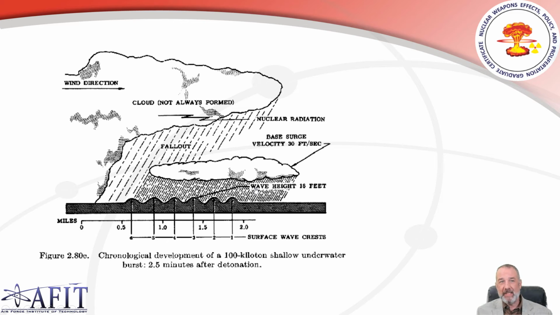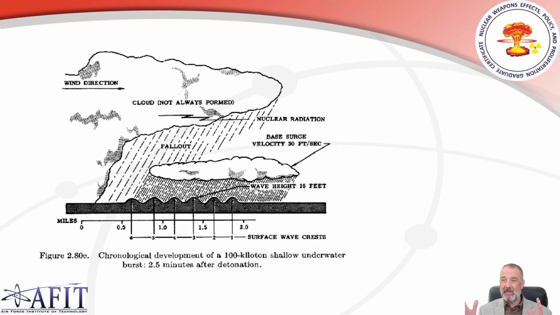But what we end up seeing is a secondary cloud forms in between the surface of the water and that very upper cloud. And this is basically caused by the base surge itself, and what it's actually precipitating out is just kind of normal water. It's not really radioactive like it is coming up from the top.